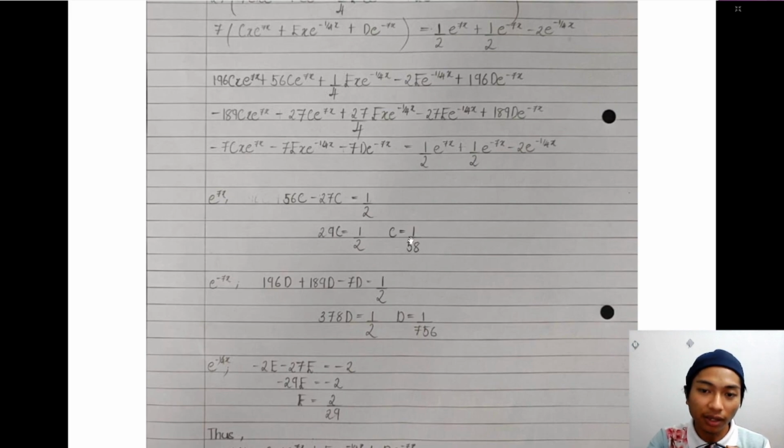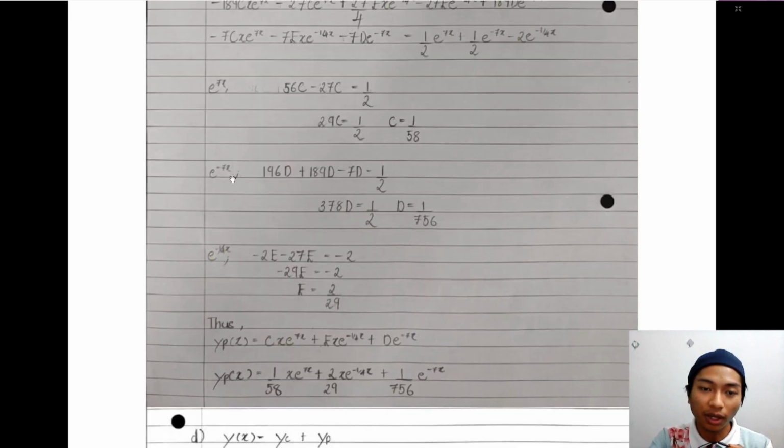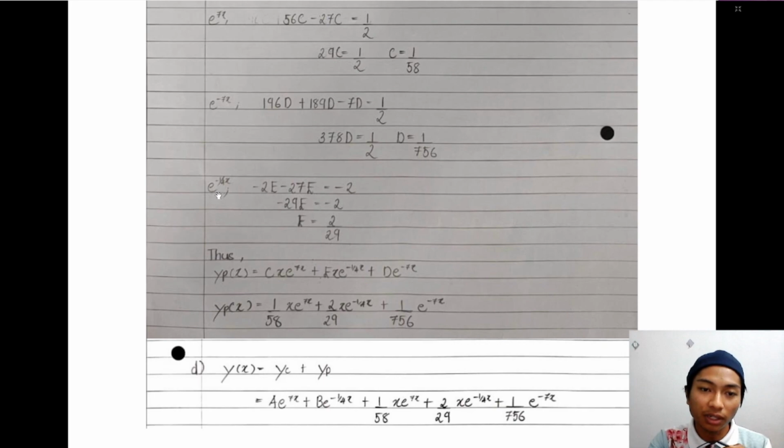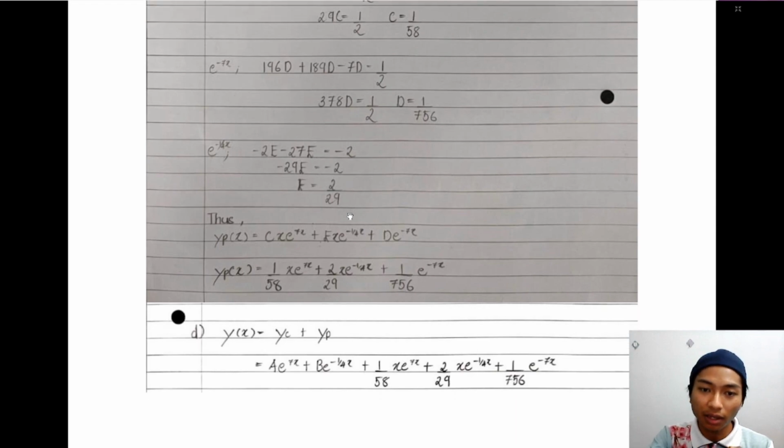For c, I get 1 over 58, and from the variable of e^(-7x), I get the answer for d, which is 1 over 756, and for the variable e^(-1/4 x), I get the answer for e, which is 2 over 29. And this is the final equation for yp(x). We just substitute all the variables c, d, e in the equation of yp.